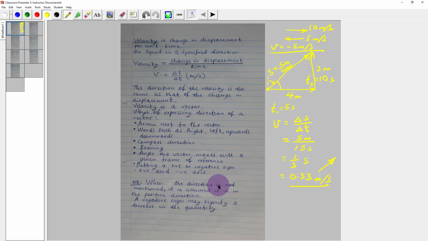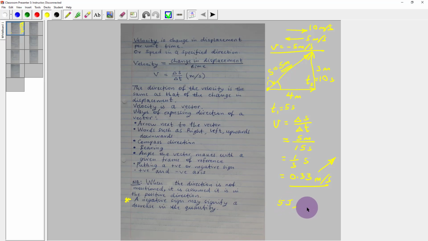So let's go on. When the direction is not mentioned, it is assumed it is in the positive direction. For example, when we just have a number, the velocity is 3 meters per second, and nothing is mentioned, then it is assumed to be in the positive direction. Of course, I've explained a negative sign may signify a decrease in the quantity. This one is something else that you should be able to observe. For example, let's say the initial kinetic energy of an object could be 5 joules.